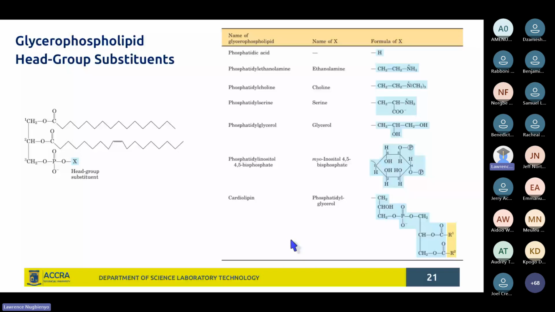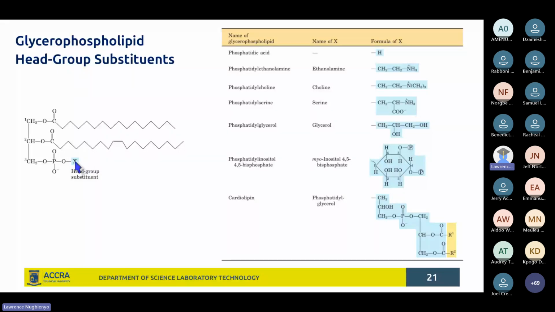Now, if you look at the structure of the different glycerophospholipids, what we have just looked at, you have the glycerol backbone, and you have 2 fatty acids esterified on the glycerol backbone, and you have a phosphate group on that last glycerol carbon, and the X becomes the head group substituent.